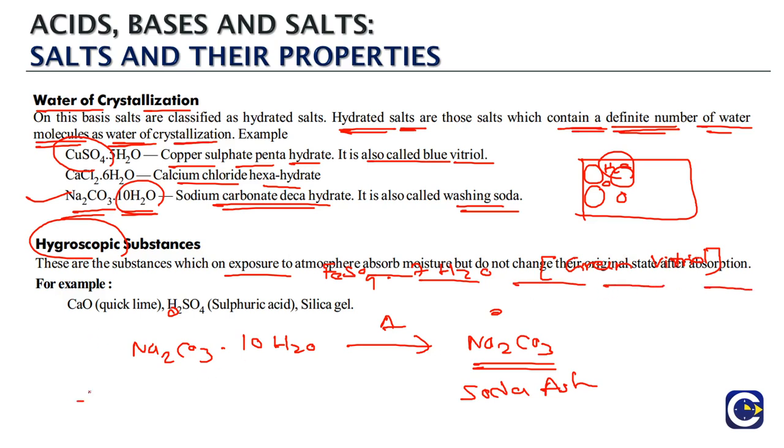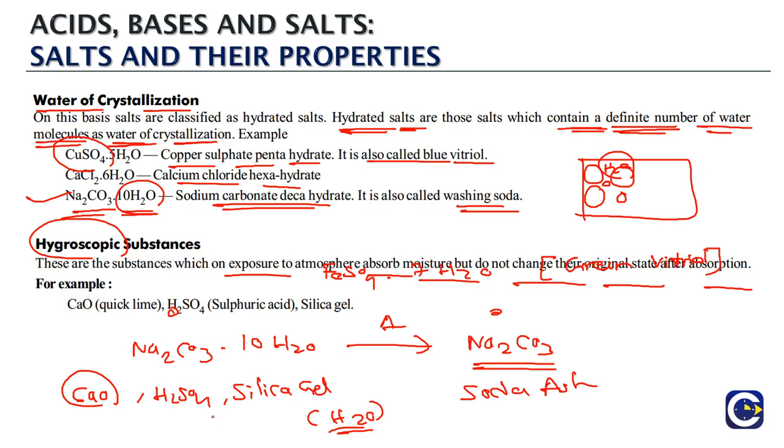Like if you see CaO, calcium oxide, or H2SO4, or silica gel, what they do is they are able to absorb the moisture from the atmosphere, but they will not change their state after the absorption. It means if they are solids, they would not turn into a liquid solution by dissolving in this water. We will see later that if they change their state after absorbing the water or moisture from the air, we will call that property deliquescence.